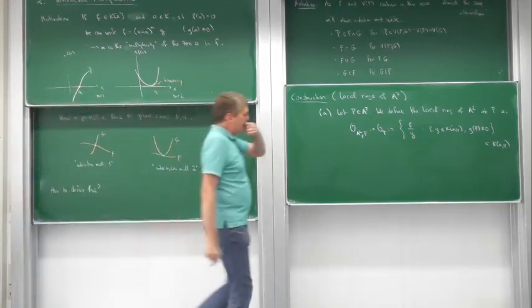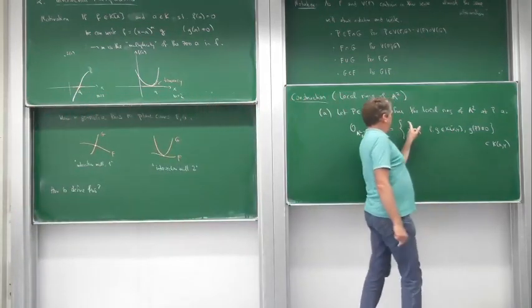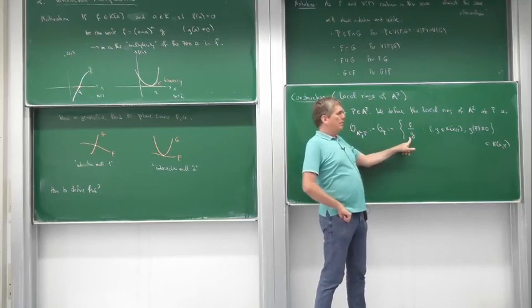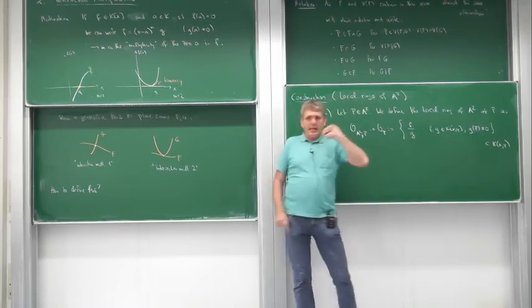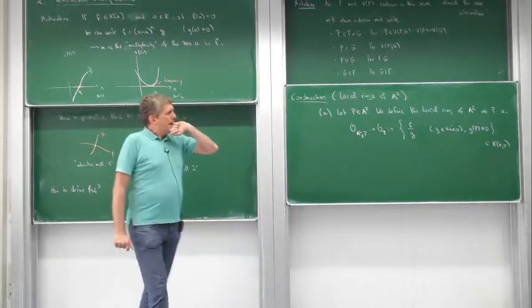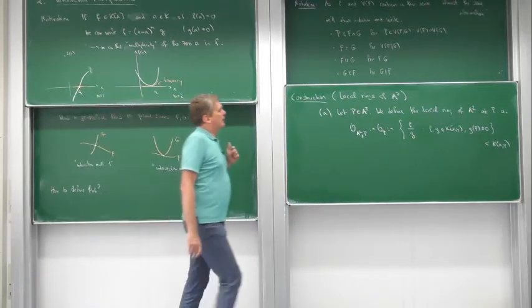The quotient field is just anything like that where g is non-zero, and now we take only those where g is non-vanishing at the point P. So that's called the local ring of A2 at P.